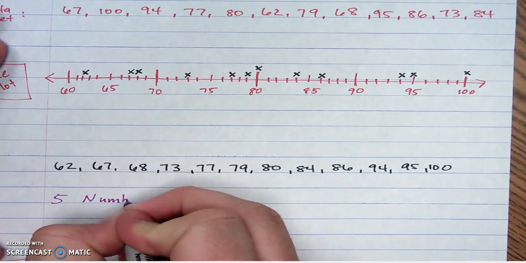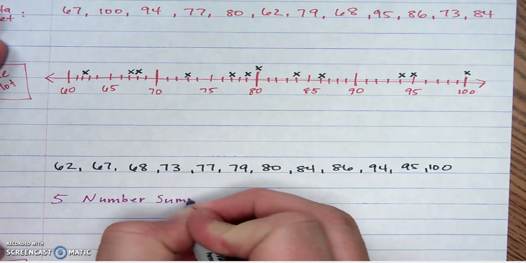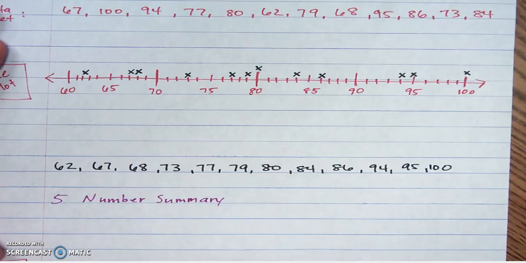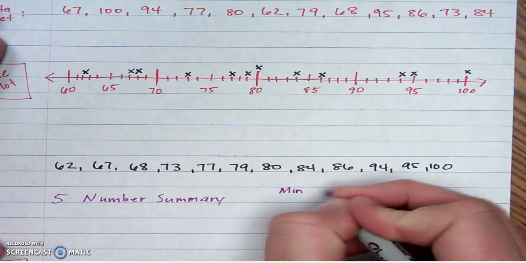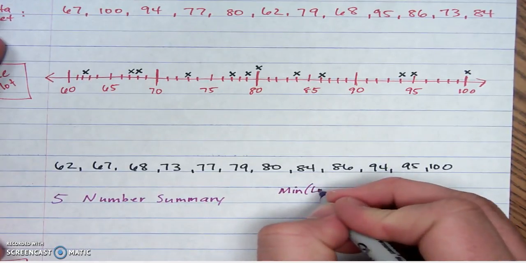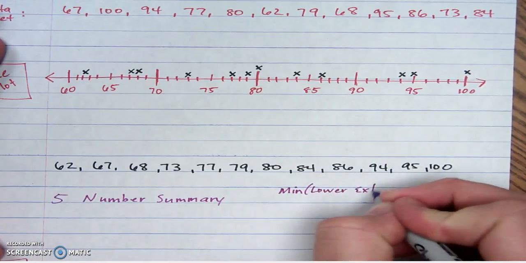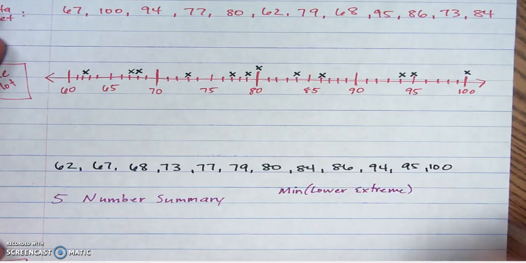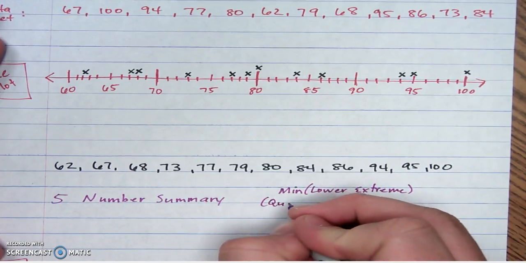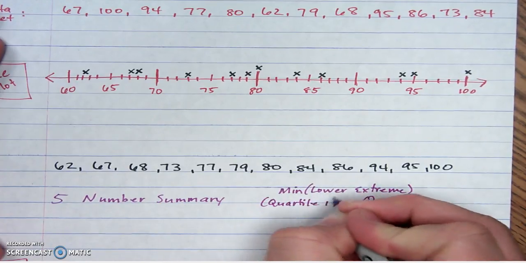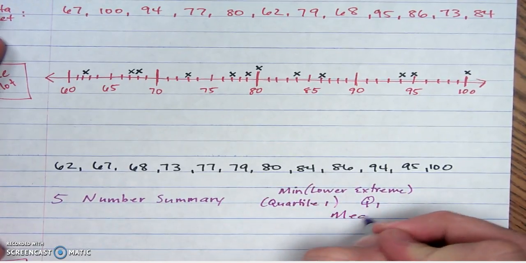And this is the 5 key parts of my data. And the 5-number summary is going to be made up of the minimum, or sometimes you'll hear it called the lower extreme. We have the first quartile, which we call Q1, or quartile 1. We have the median.